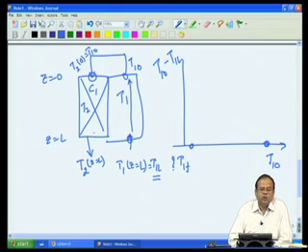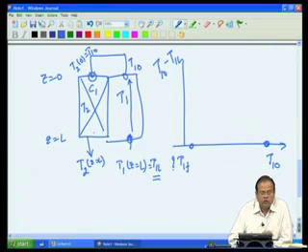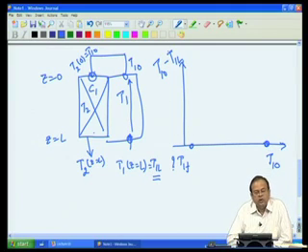Let me repeat this argument once again. We are assuming some value of T10, integrating these equations and getting a value of T1 at z equal to L, that is T1L, and plotting T10 against T10 minus T1L. Now, what kind of solutions can we expect? We will have to actually numerically integrate it, but some qualitative feel we can get by considering the extreme cases.